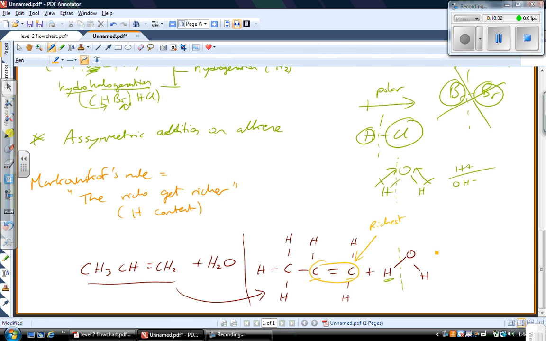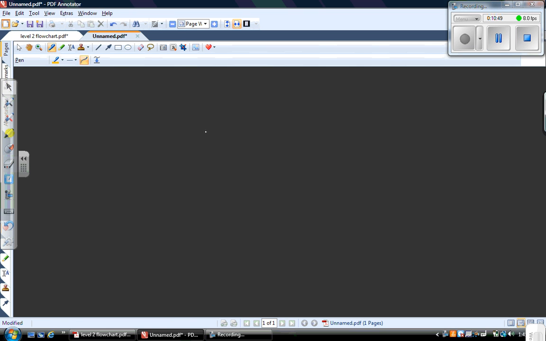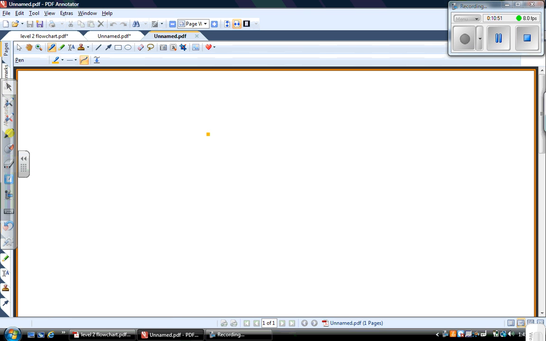So as a result, this hydrogen is going to be added on here, and then the rest of the water molecule is going to go to the poorer carbon. We're going to have to get a new page now to just draw the product, but you have a major and minor product, and we're going to look at those now. So if I get a new page, the major product from this addition, I'll just draw the reaction that we were looking at again.